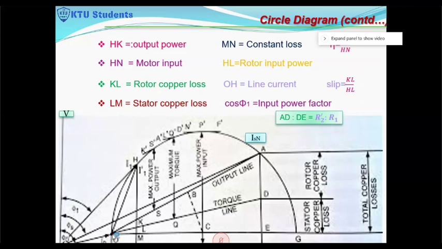If you join the tip of I0 and the tip of ISN, you get a line joining O dash and A. This O dash A represents the output line.